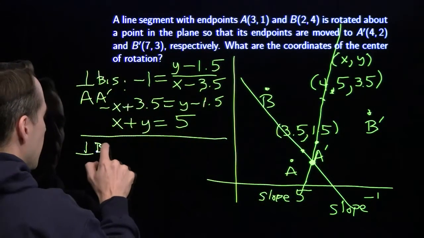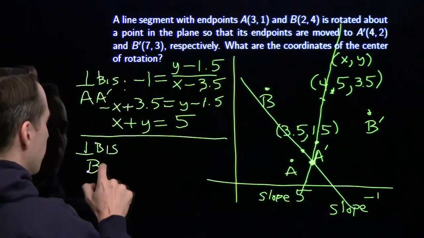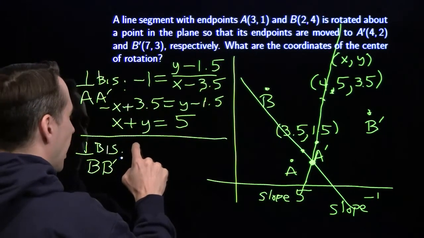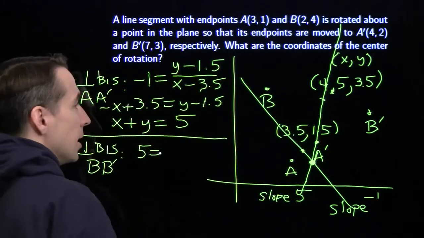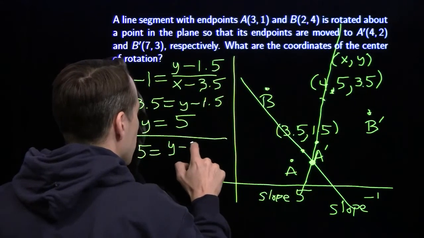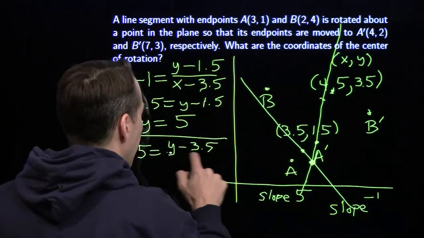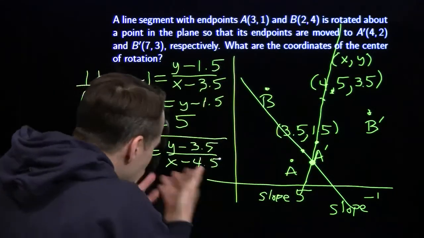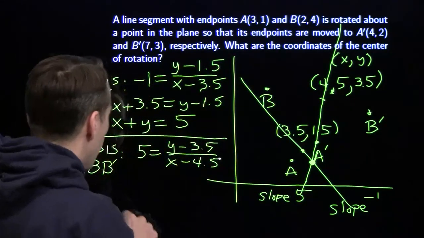So our perpendicular bisector of BB prime, we have 5. The slope of this line is the difference of the y-coordinates. We know xy is on this line. Difference of the y-coordinates divided by the difference in the x-coordinates. And again, we clean this up, multiply both sides by x minus 4.5.